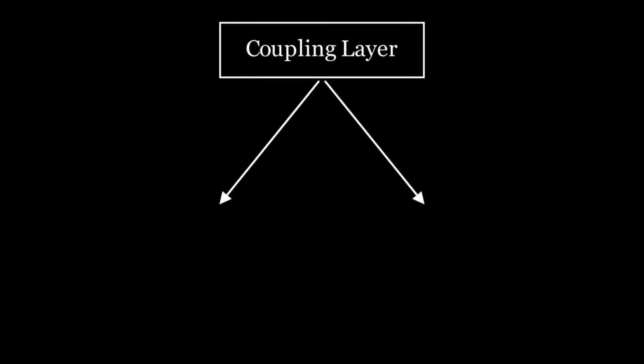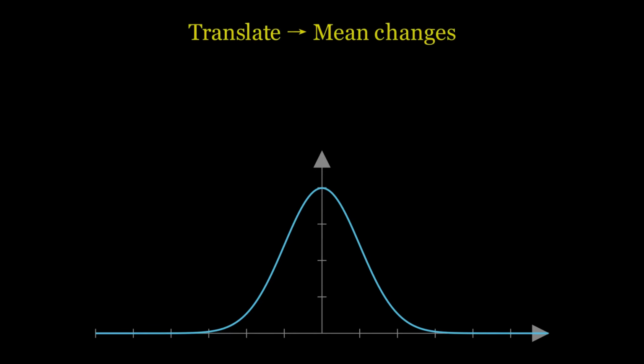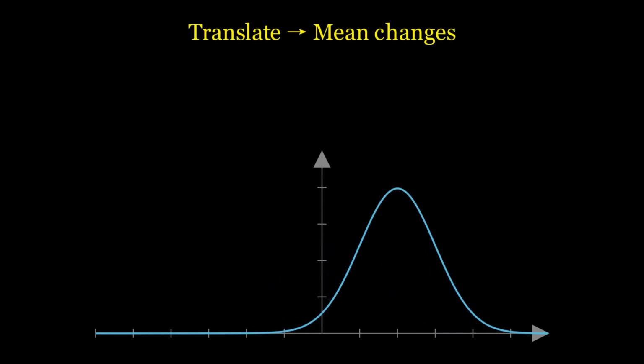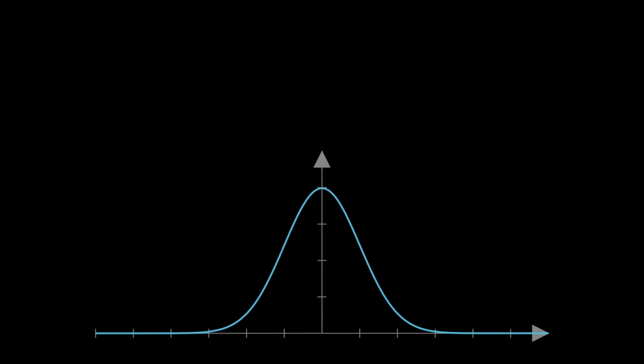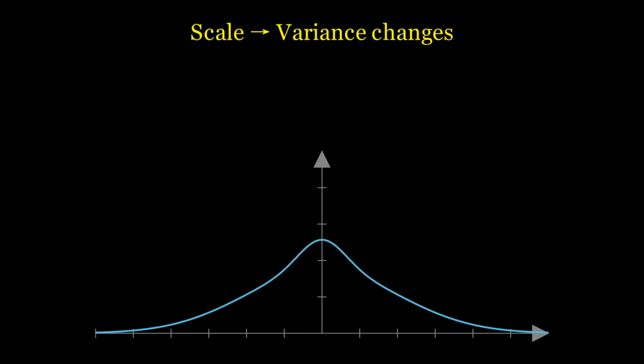Now, for the third algorithm, we have the normalizing flow model. The only thing that this algorithm adds is something called a coupling layer, which has scaling and translation. Translation directly relates to the changes applied to the graph in terms of mean, and scaling directly affects the graph in terms of its variance.